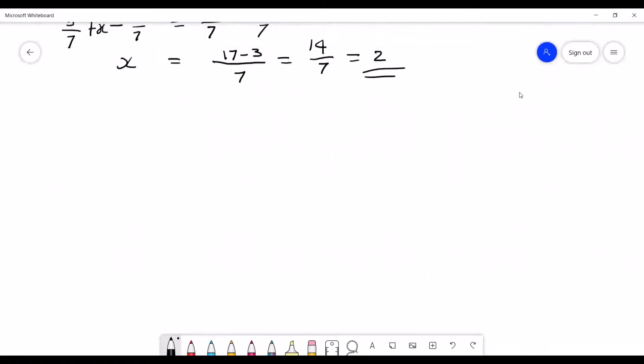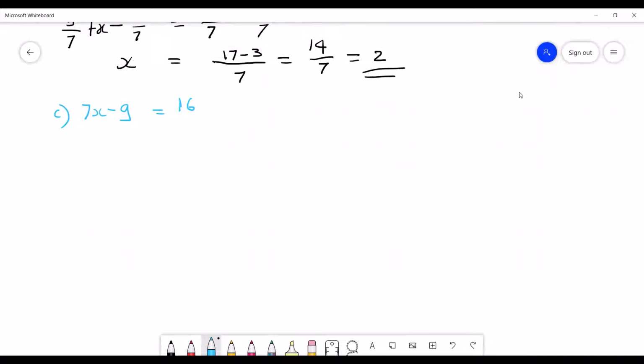Now let us consider the next question. 7x minus 9 equal to 16 is our next question. So here, along with the 7x, a minus 9 is there.